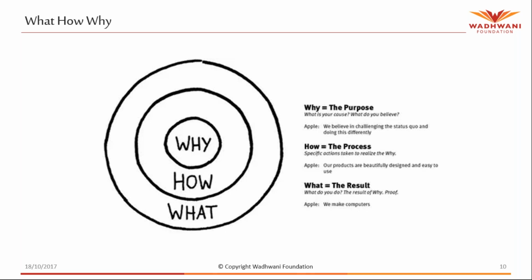In the case of Apple over here, it is that their products are very beautifully designed and are easy to use. The what is the result. It is the result of why and the how. For example, in the case of Apple, they end up making computers and achieving their why through how.